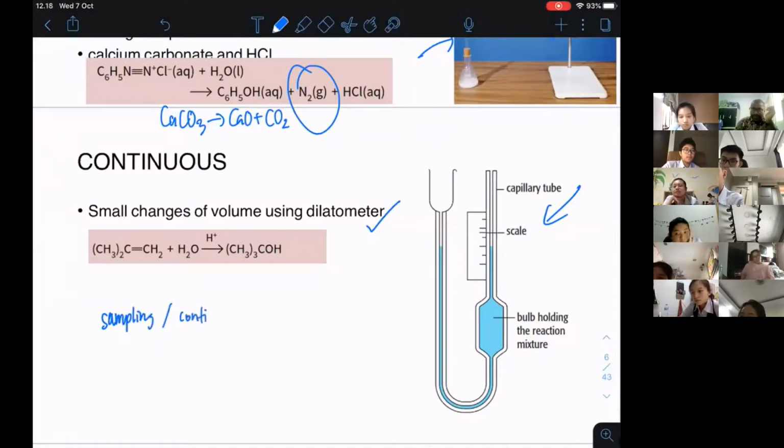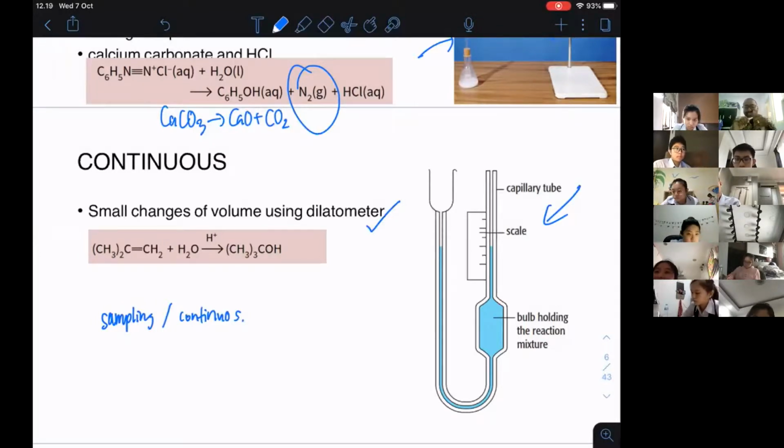Maybe someone can summarize sampling and continuous. Shane, can you summarize about sampling and continuous based on your understanding? If continuous, like use measurement, like devices. Sampling, we also use devices?